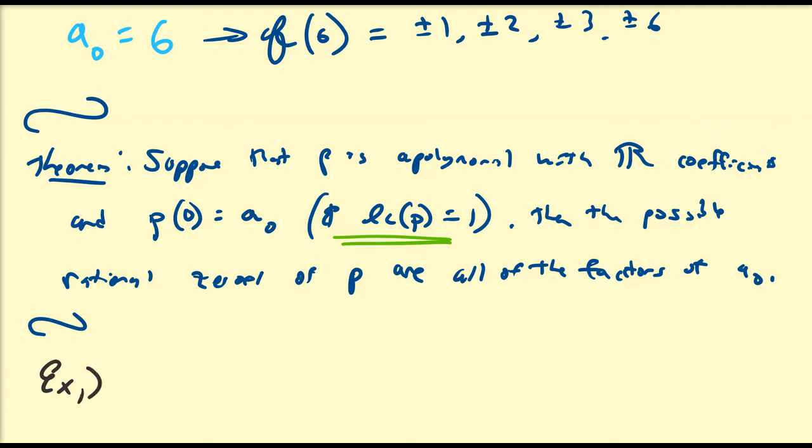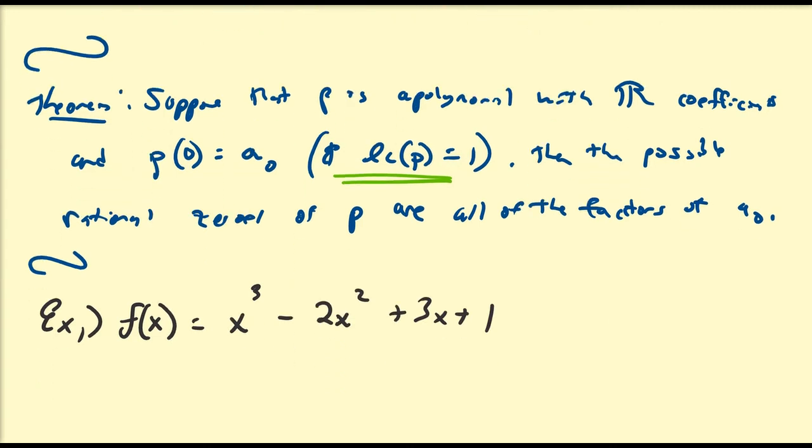So let us look at our first example. Let's assume we have f of x is equal to x cubed minus 2x squared plus 3x plus 1. Now, there are infinitely many numbers which we could plug into this and see if it gives us 0 or not.